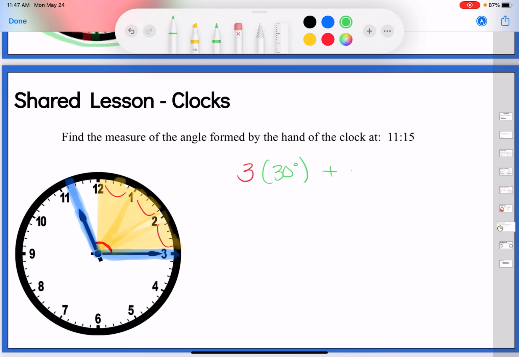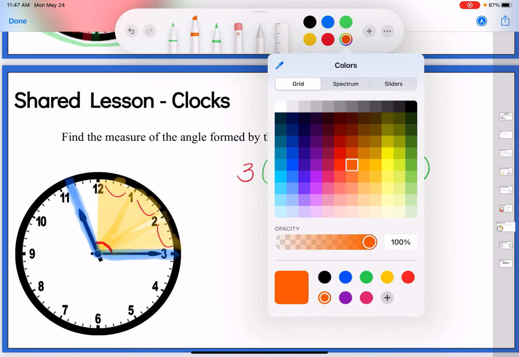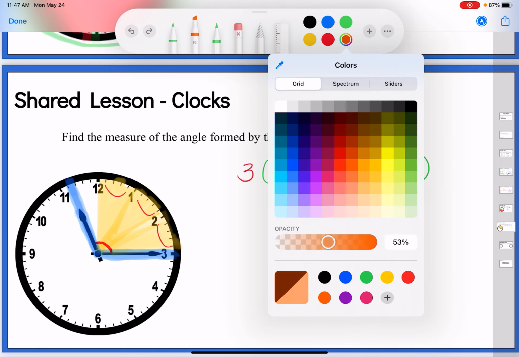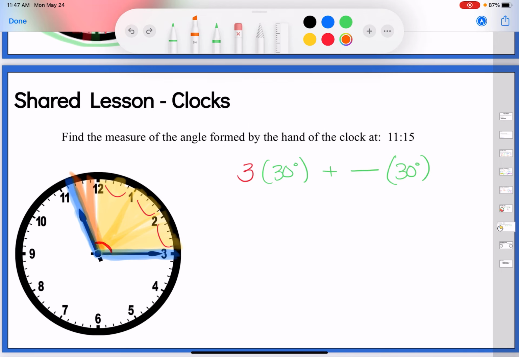Now I need to figure out that fraction of the section times the 30 degrees. What's that going to be? So we're talking about this part. Whoa, I grabbed the wrong color. There we go. This part right here. Okay, now think about how that hand goes around the clock.